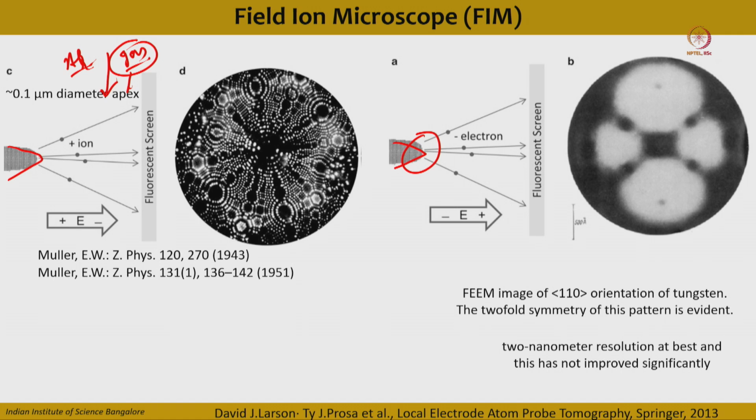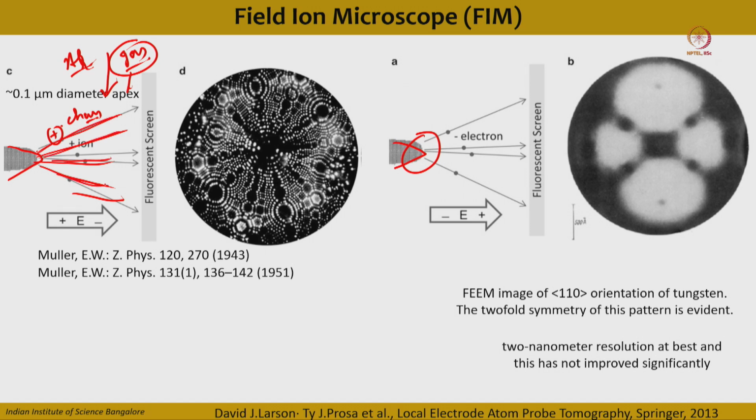due to which these ions are positive in charge, and due to the high potential there will be very high electric field lines, and these positively charged gas ions will accelerate along these field lines. Fine.